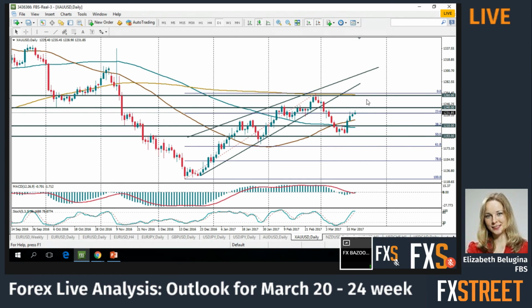Although we can see how the movement of gold is getting less rapid, as political concerns in Europe are declining and gold has become overbought. This may make the asset slow down its appreciation.